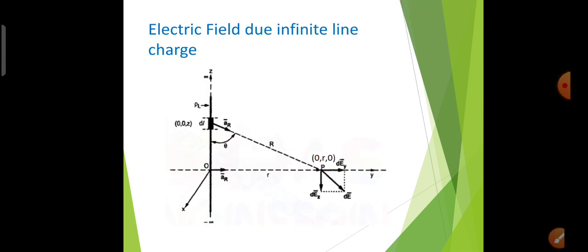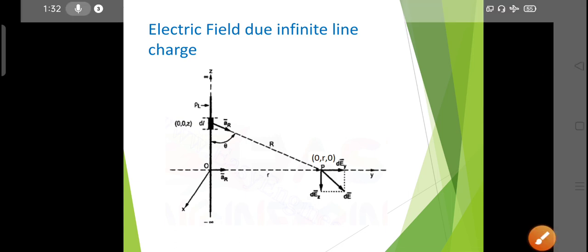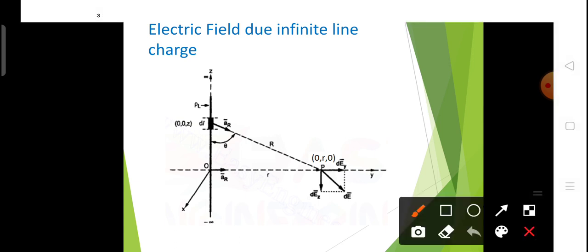Then we will move to the electric field due to infinite line charge. Here x, y, z axes are shown in the picture. Then in the z axis we have taken infinite line charge. The distance is minus infinity to plus infinity.